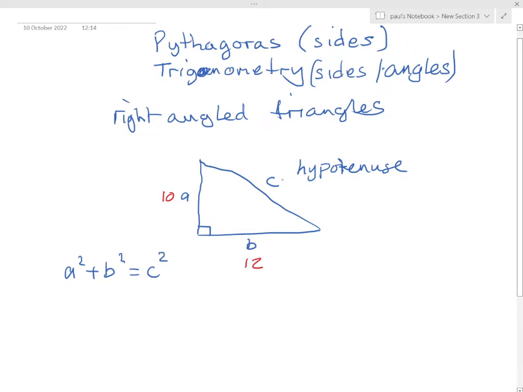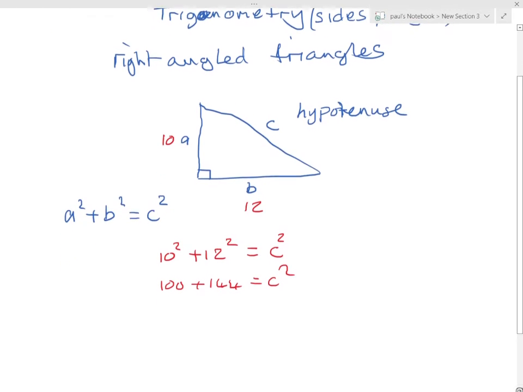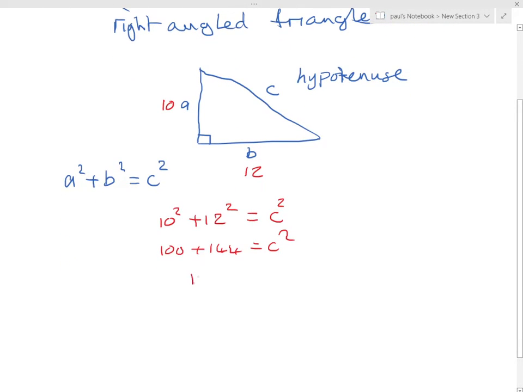So we want to find c. So we've got 10 squared plus 12 squared equals c squared, which is 100 plus 144 equals c squared.